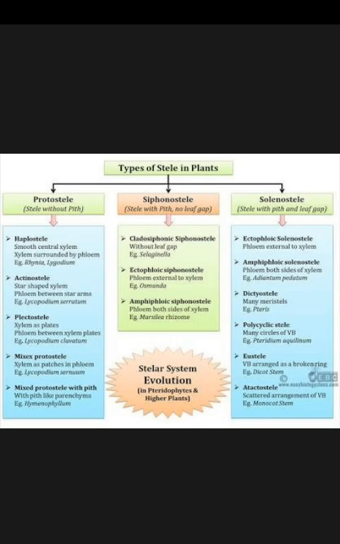But since pteridophytes are the first group where stele developed and evolved, a primitive form of stele is found here. Some contain only xylem and phloem, and some other advanced forms of stele have pith.